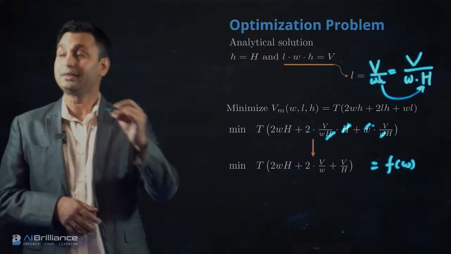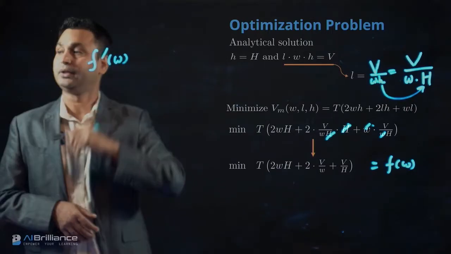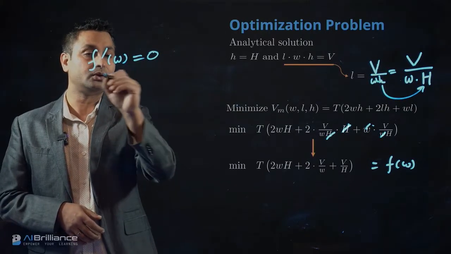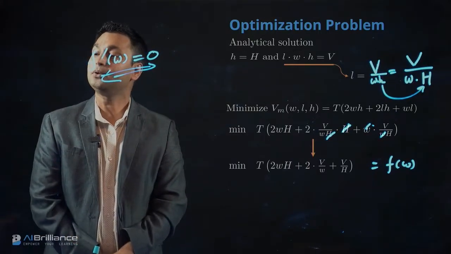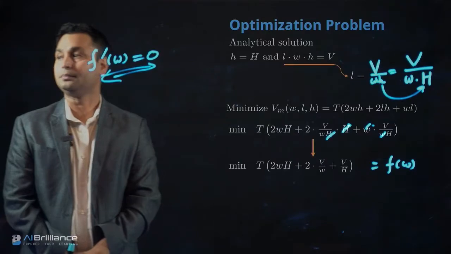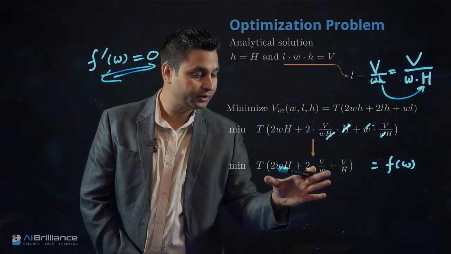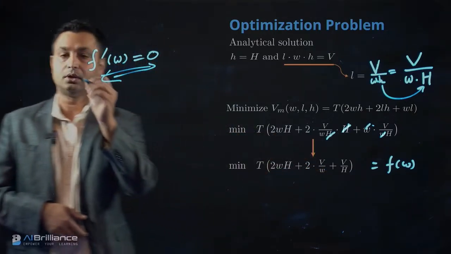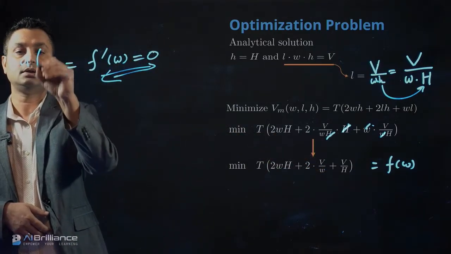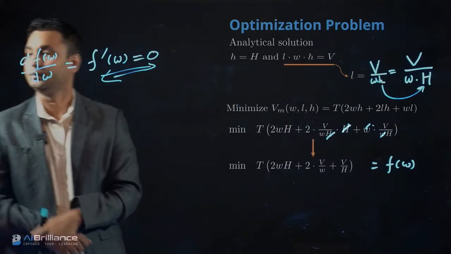So if I take this f(W), take the derivative of that f(W) and set that equal to 0, then from basic calculus I will be able to find the minimum of the function itself. We will take the derivative of that function with respect to W. The other way to write this is df(W), and the derivative term is dW.